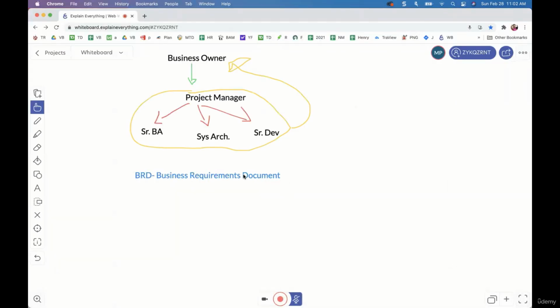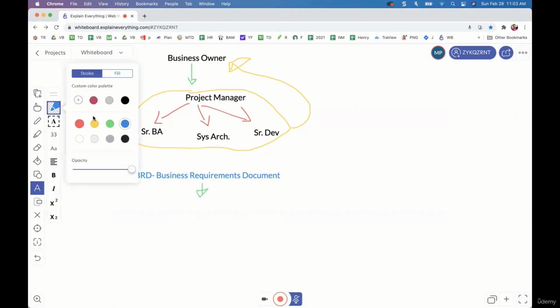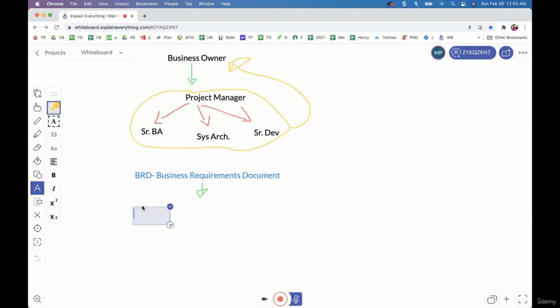So once the business owner gives you a sign off on the BRD, we now know exactly what the project scope is. Then the next thing that happens is the project manager creates a document which is known as a project charter. Any idea what a charter is?